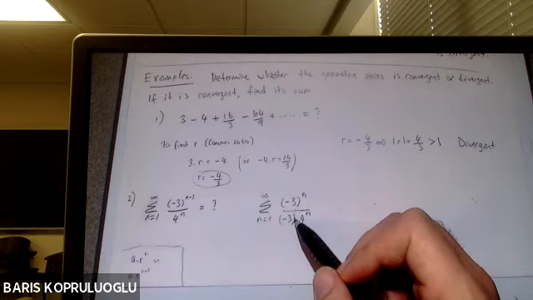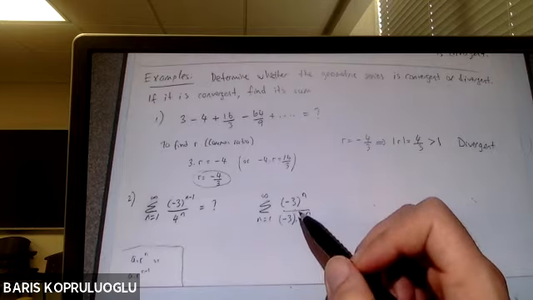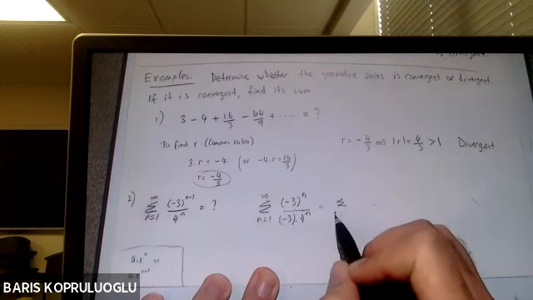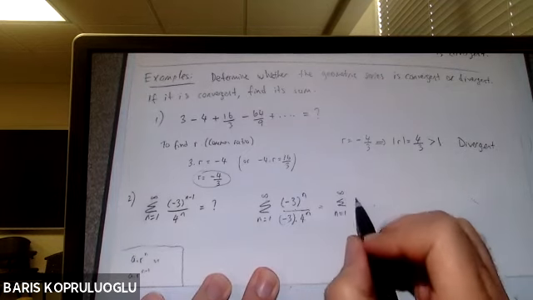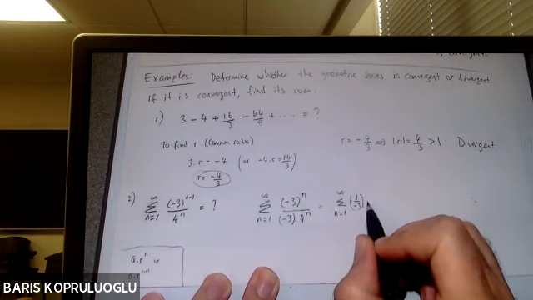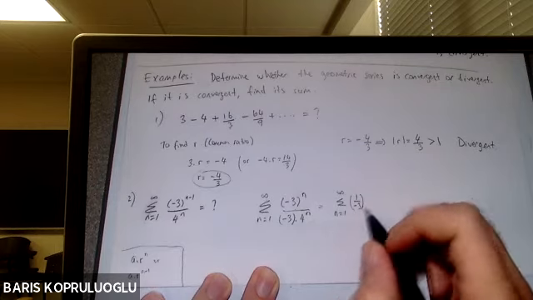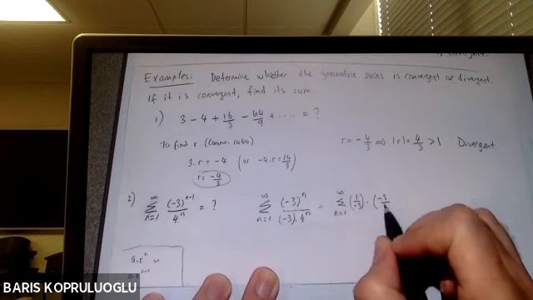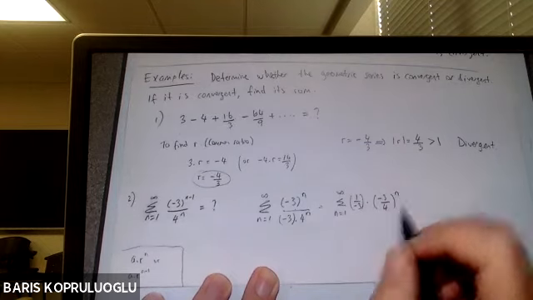So you will have negative 3 to the power of 1 on the bottom, in other words, just negative 3. And this can be rewritten as one over negative 3, which is going to be your a, times negative 3 over 4 to the power of n.